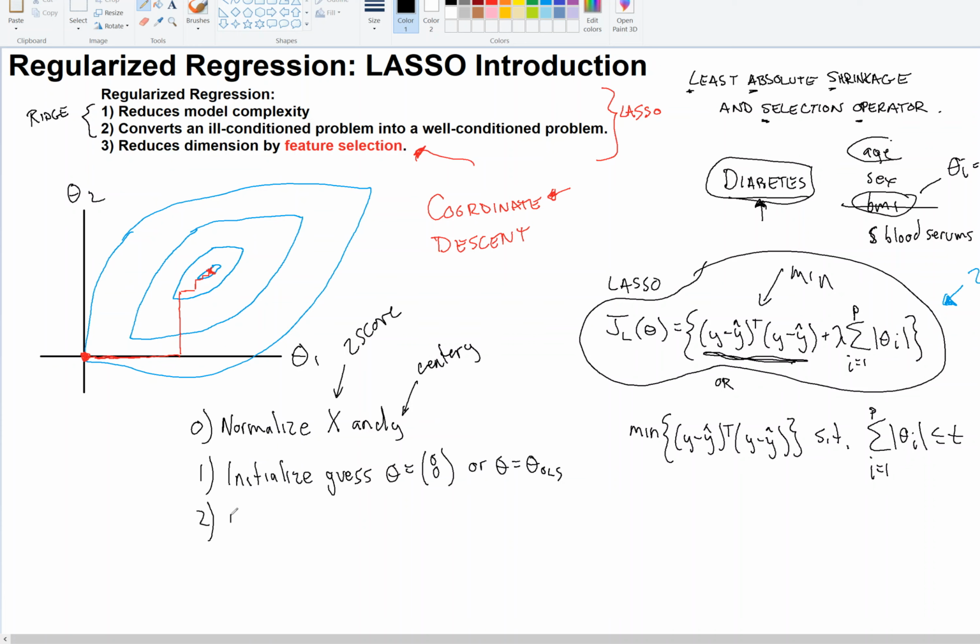Then we're going to minimize in the theta 1 direction, minimize in the theta 2 direction, and then we're just going to repeat that.